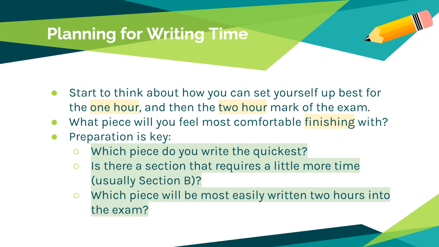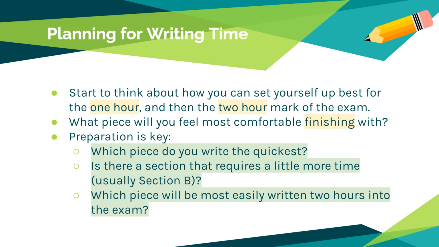Start with Section C. At the 1 hour mark, you should then transition and begin writing your comparative essay, Section B. And then you want to finish off with the essay that you can smash out because you're quickest and most confident with it, which would then be Section A, your Station 11 essay. So CBA might be the way to go. But again, there's no magical formula. You need to think about this and be strategic.